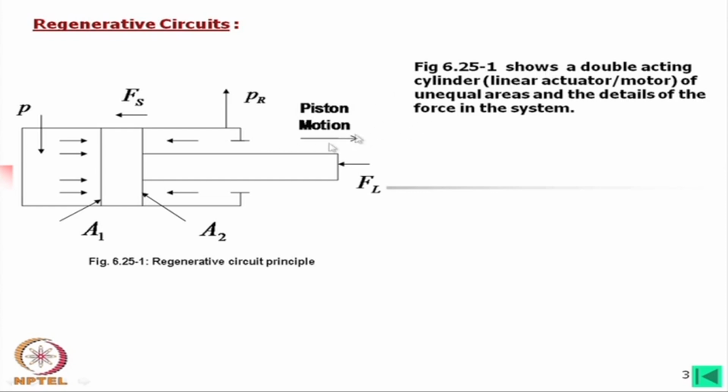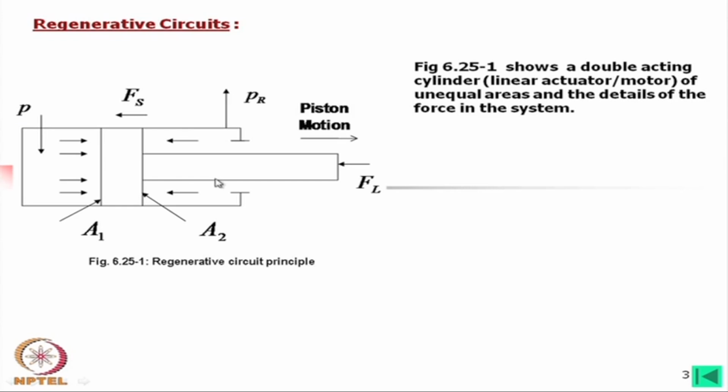Now, I have shown the forces acting here. Let us consider it is moving in this direction, and it is also moving a load, due to which FL is the force acting in this direction. So, there must be some pressure, which ideally we can get as this force divided by this area, P, that pressure.